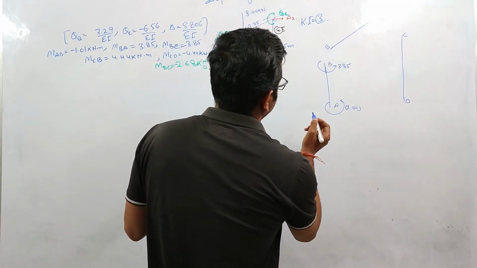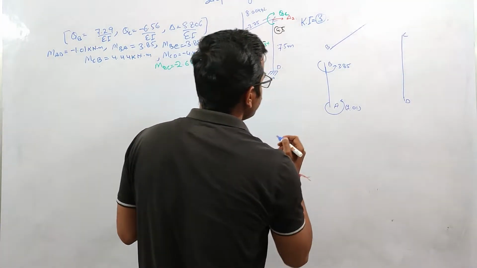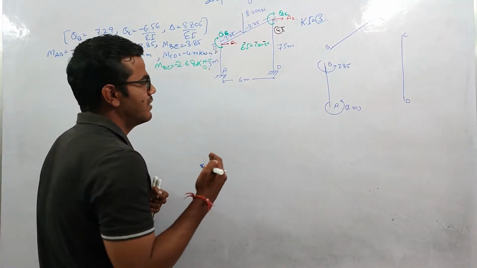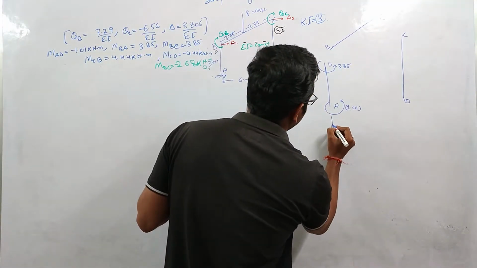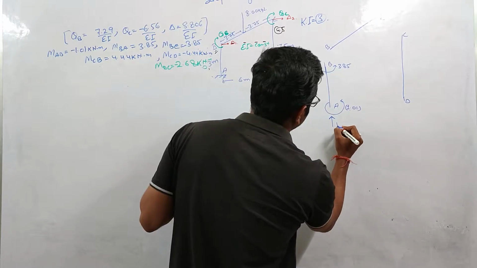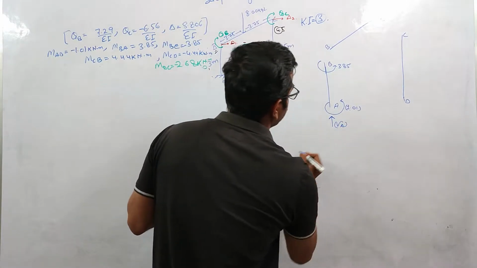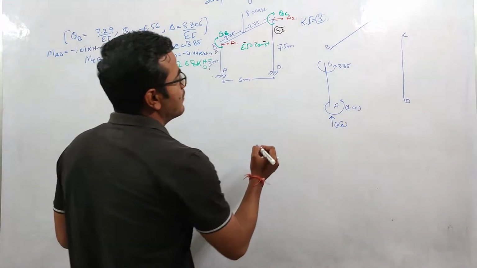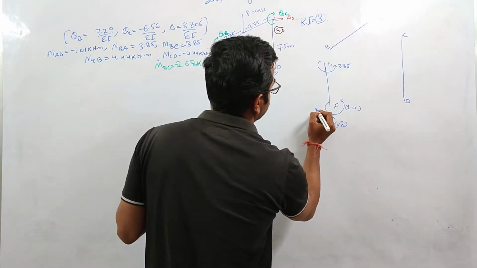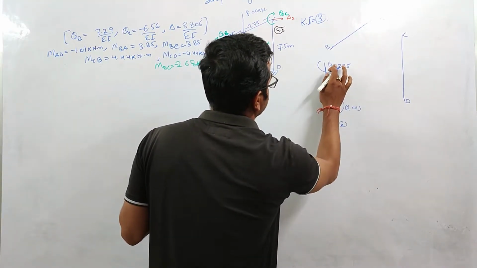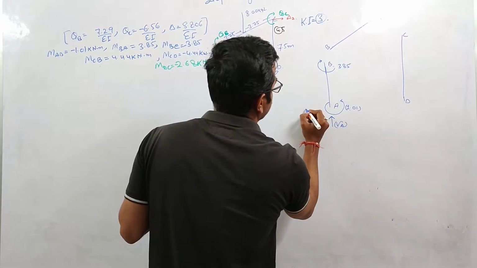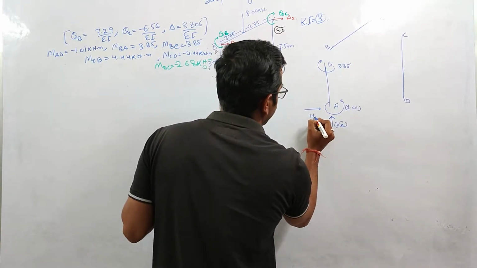Now let us see what the reactions at A are. At A there will be some vertical reaction, let us term this VA, and there will be some horizontal reaction, let us suppose this is HA.